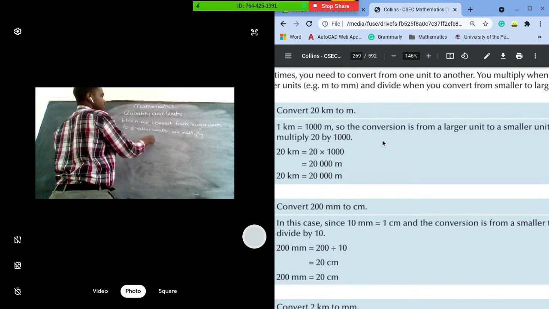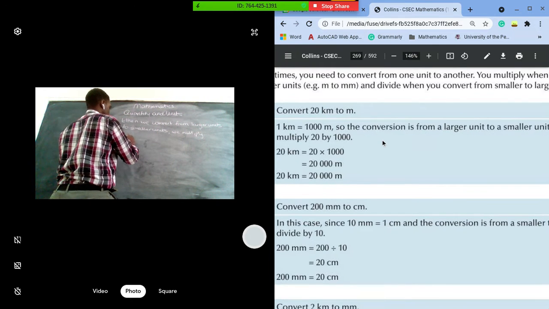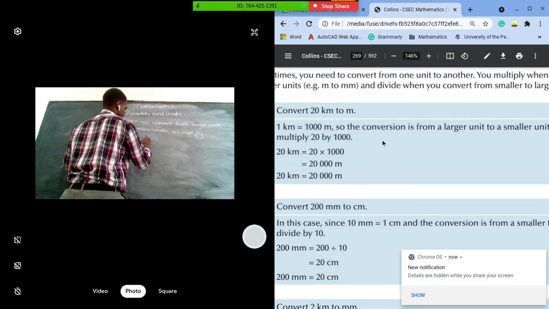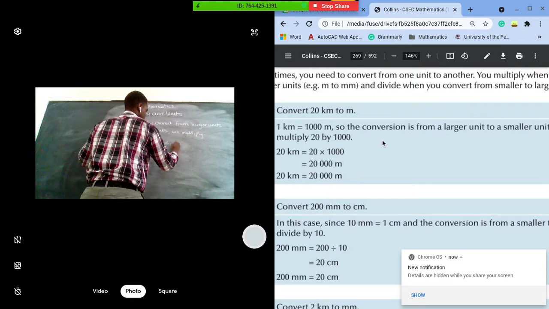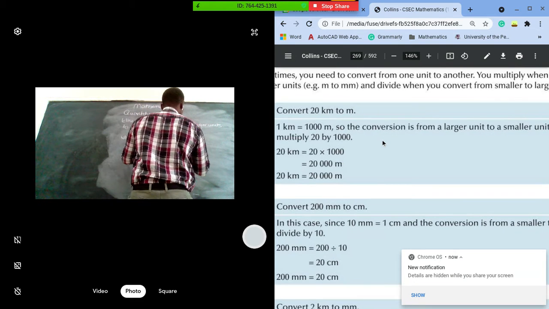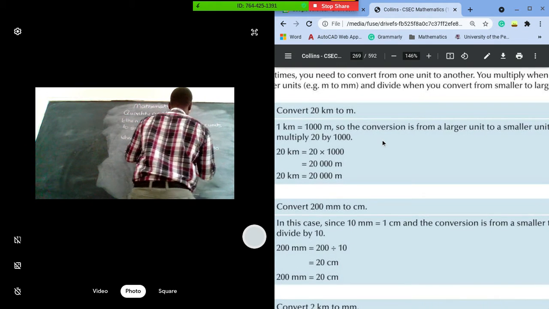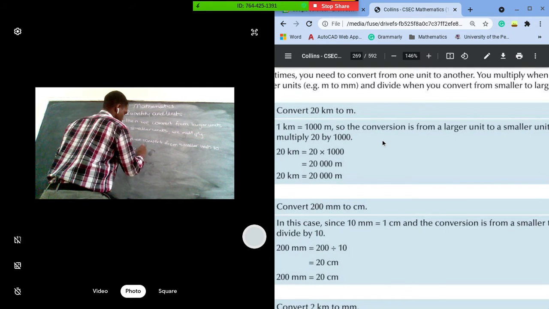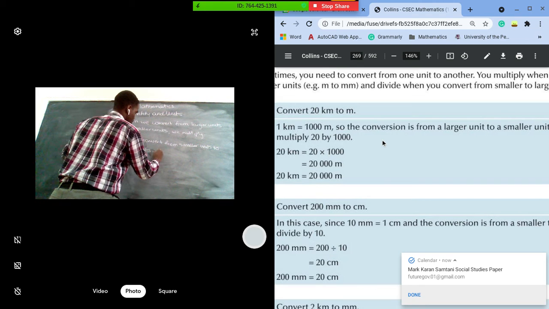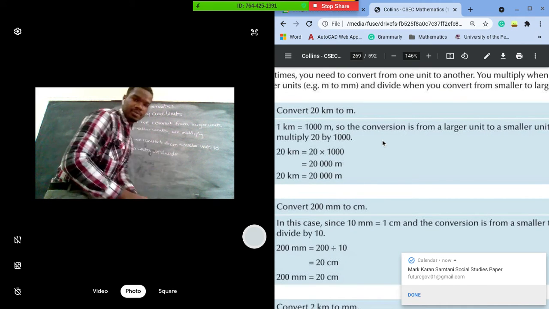When we convert from smaller units to larger units, we divide.